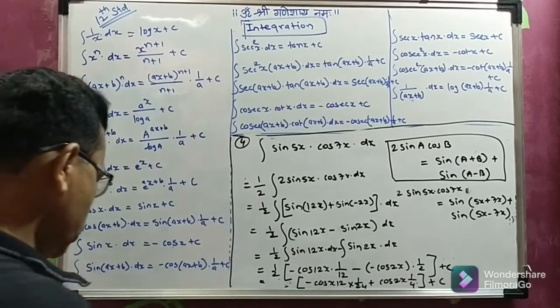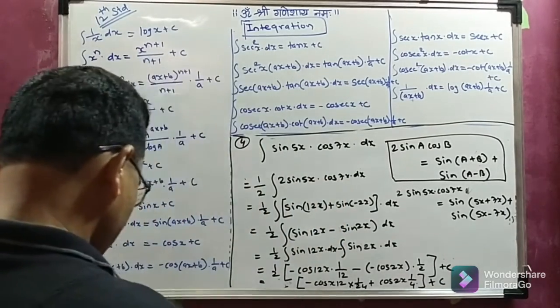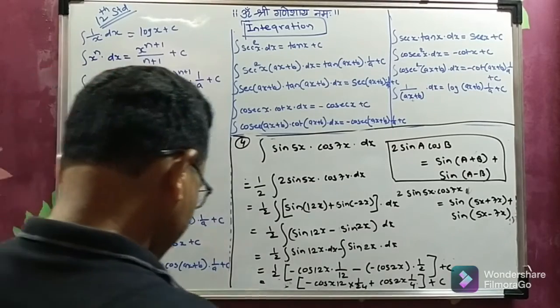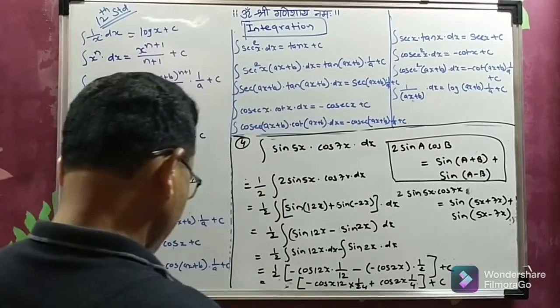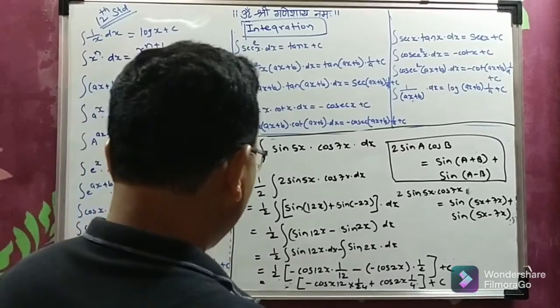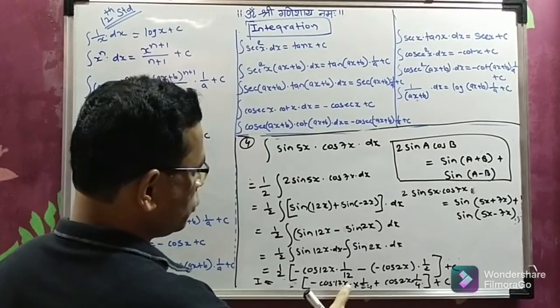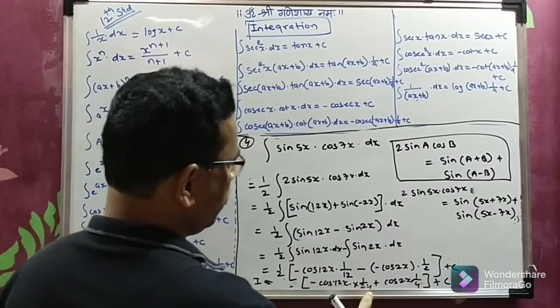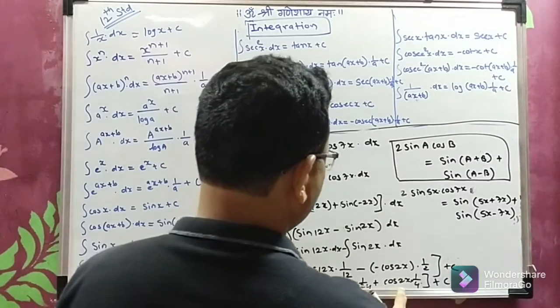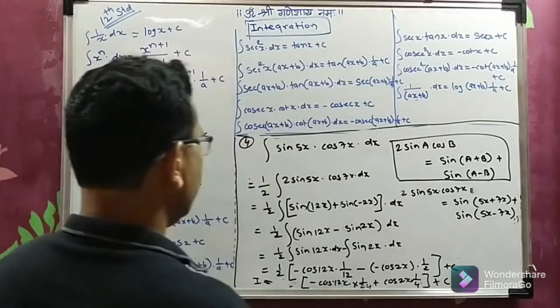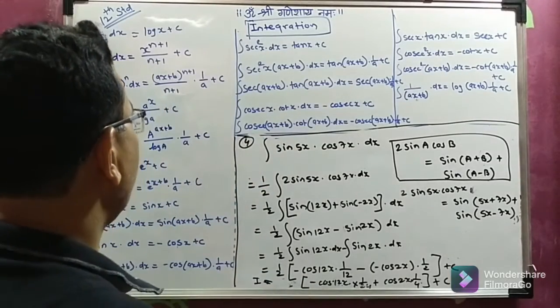This is the answer of this question. Understood this problem? This is not x12, this is 12x into 1 by 24 plus cos 2x into 1 by 4 plus c. This is the solution.